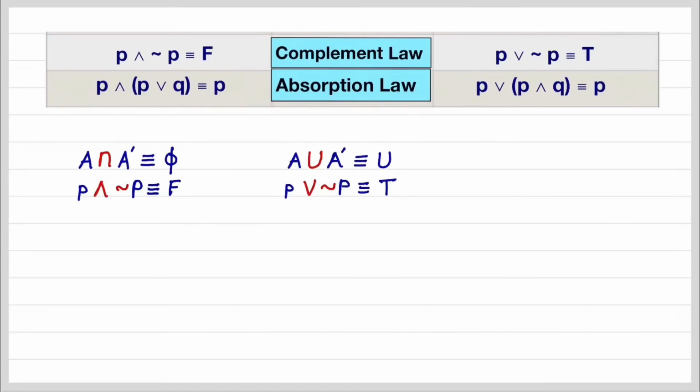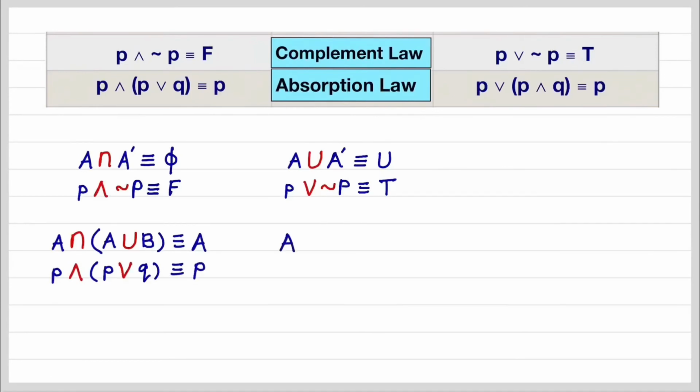In set theory, it says that A intersection (A union B) is equivalent to A. In logic, it says P and (P or Q) is equivalent to P. In the same way, another form of the absorption law: A union (A intersection B) is equivalent to again A. And in logic, it says P or (P and Q) is equivalent to P. Have you understood it?